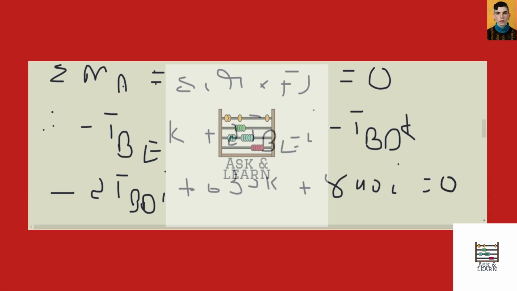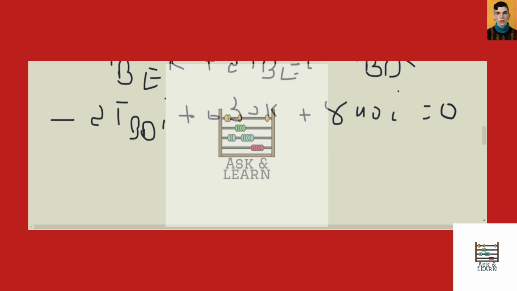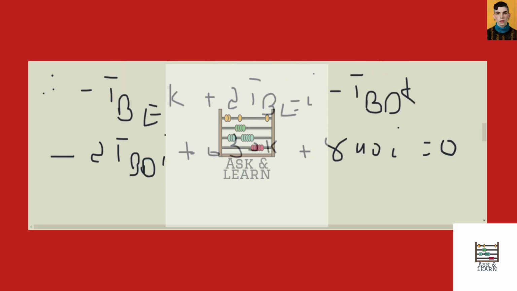Now moving further, sigma M is equal to 0 about each coordinate. So we can equate the coefficient of IJK to 0. So let's start with the I component. Here in this equation the I components are 2TBE, minus 2TBD, and 840.